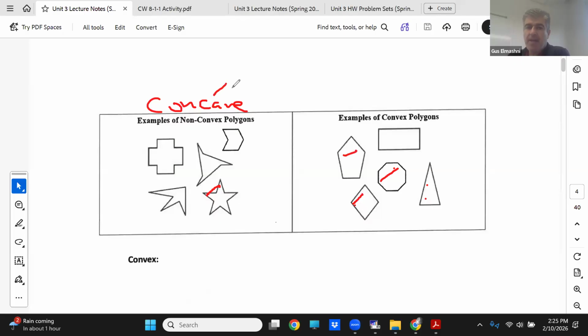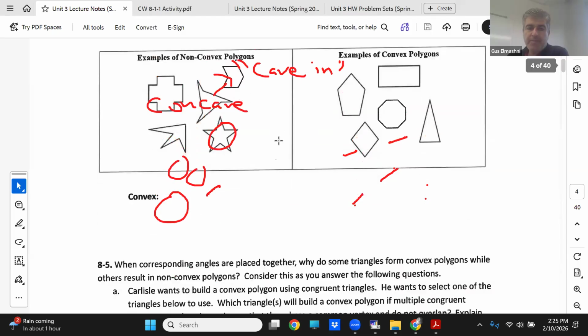So think of concave as caving in, like there's a cavity. You see there's a bit of a cavity here or here or here. Like there are these little pockets, or that's totally caving in over here. But that won't happen for convex. Any 2 dots I draw inside will always stay fully inside.